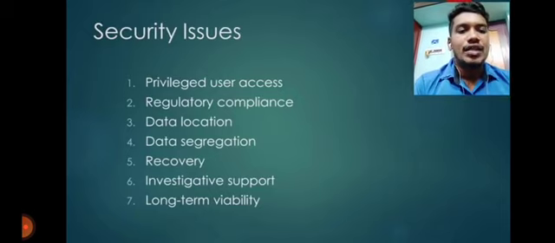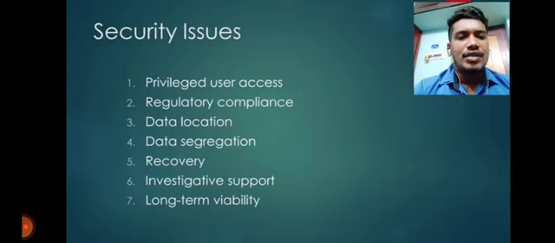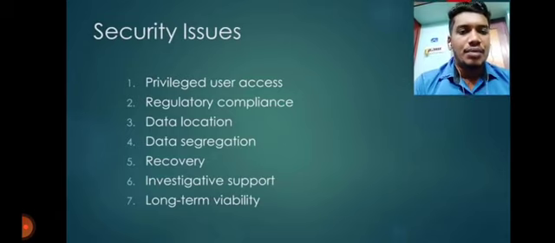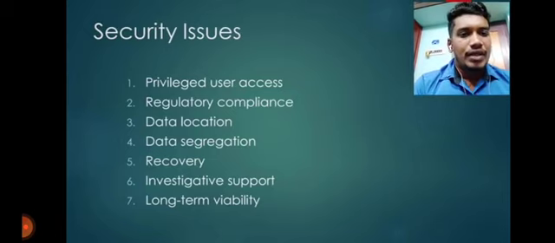Next, data synchronization and recovery. Recovery is one of the best methods to secure against the issues. Next, investigative support and long-term availability. When data is lost somewhere, how will you recover it and how will it remain available long term? For example, if you miss your mobile phone, you can immediately disable it.